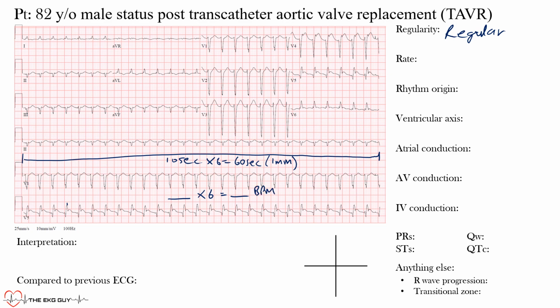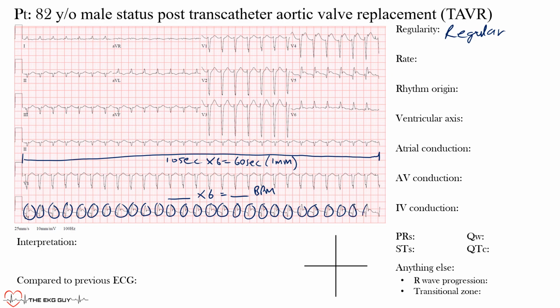So what we want to do here is find the ventricular rate. We'll use the ventricular complexes, and you can use the QRS complexes or the T waves. We'll use these big QRS complexes and count them. 1, 2, 3, 4, 5, 6, 7, 8, 9, 10, 11, 12, 13, 14, 15, 16, 17, 18, 19, 20, 21, 22, 23, 24, 25, 26, 27, and maybe 28 there, so we'll count that one.